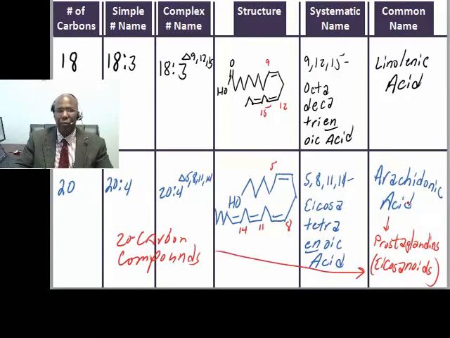Arachidonic acid is the precursor for many other molecules called icosanoids, and we may talk about them later on. I don't know why it's called arachidonic acid, maybe because it was first discovered on a spider, but I'm not sure about that. And so that concludes the structure and the names of our 9 fatty acids.